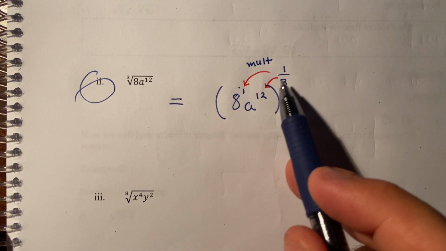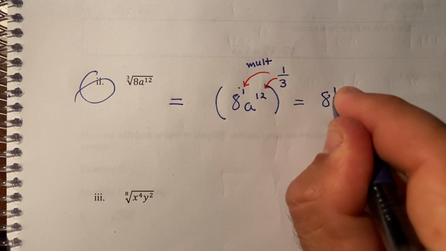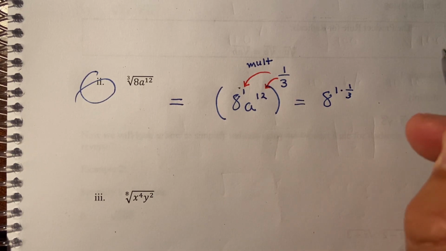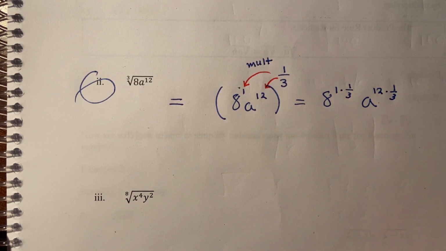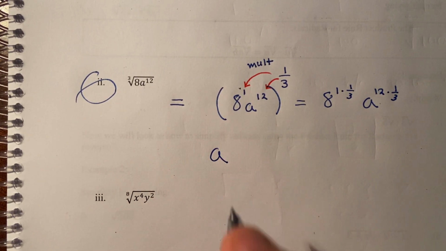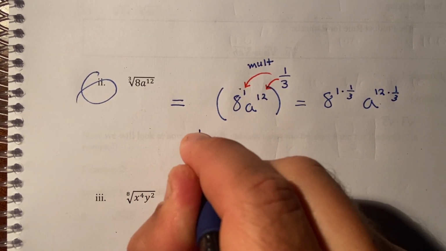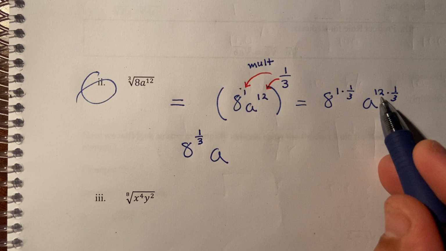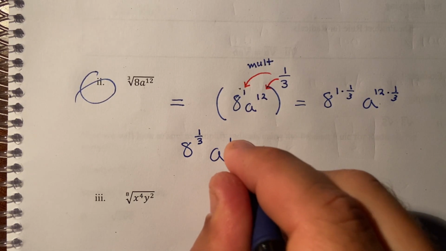So I'm going to take 8 to the 1 times 1/3, and then a to the 12th times 1/3. So I get, well, let me write 8 first. So I just get 8 to the 1/3, and 12 times 1/3 is 4, so I'd have a to the 4th.